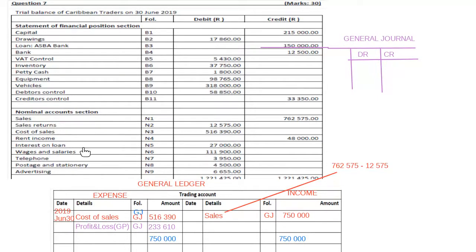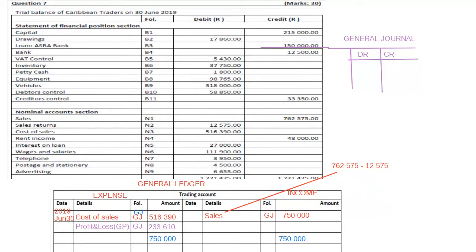Because I don't have time, guys, when you go to the GJ, you just have to do the opposite of what you did here. You ask yourself, okay, the sales returns is on the debit. It means when I go and transfer to the GJ, the sales returns will be on the credit, so meaning my sales will be on the debit side.